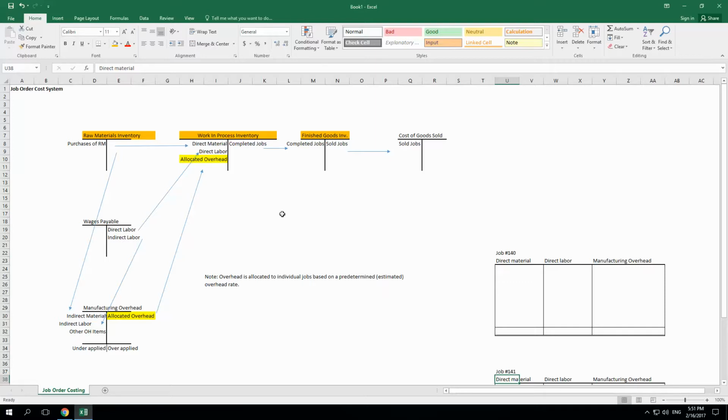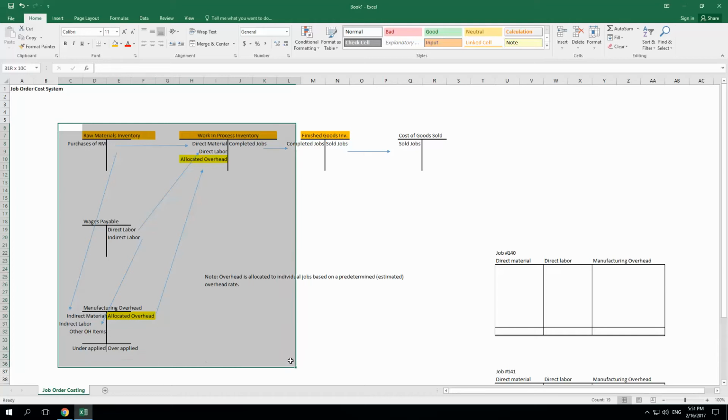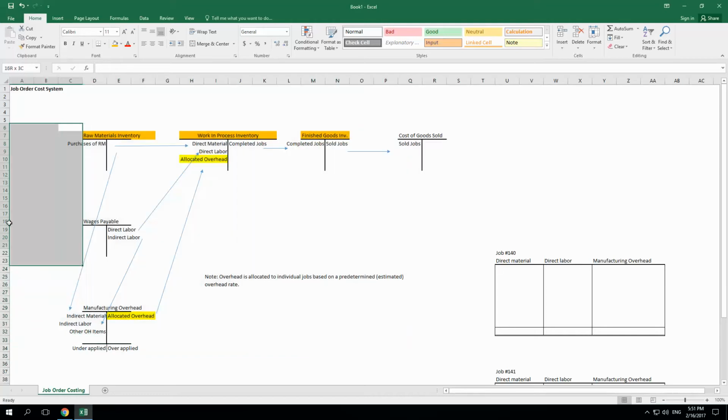Okay, so with a process costing system, you're probably going to have these accounts, but you're probably going to have several work in process accounts. And those work in process accounts are probably going to be for each department that touches the items that are being manufactured. Okay? But we can save that for chapter 18.